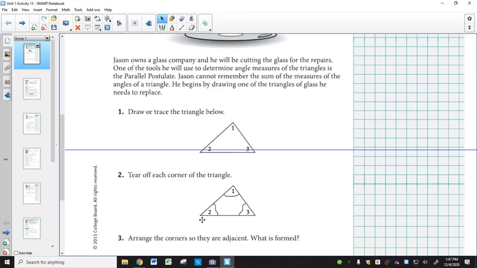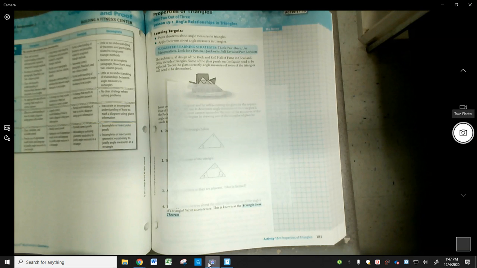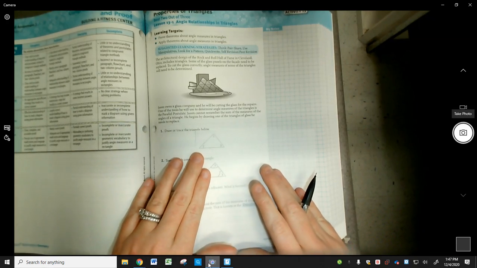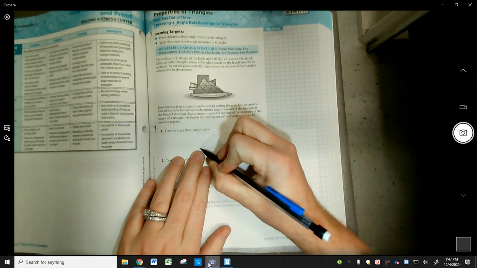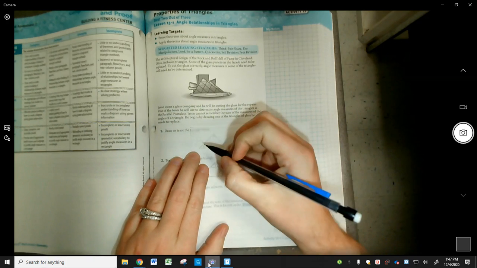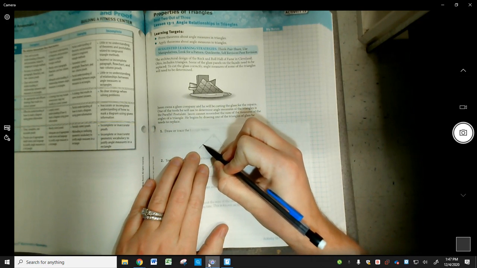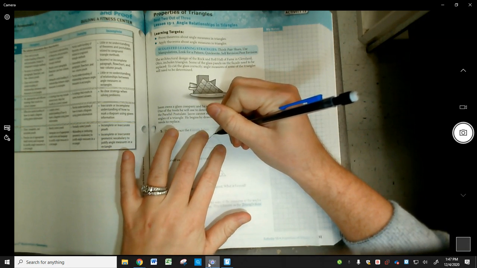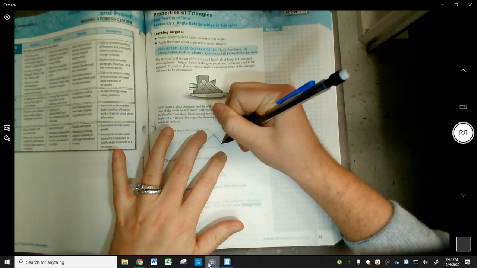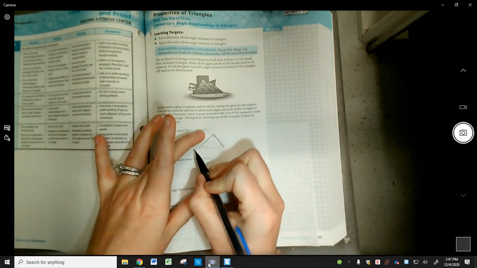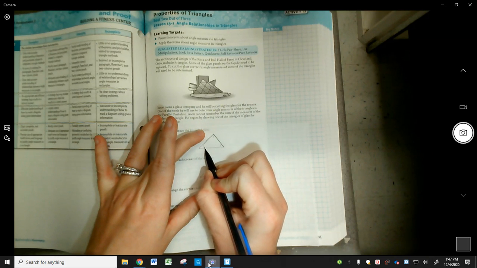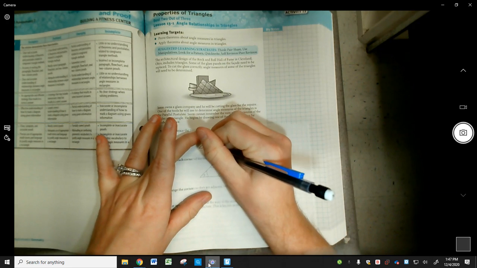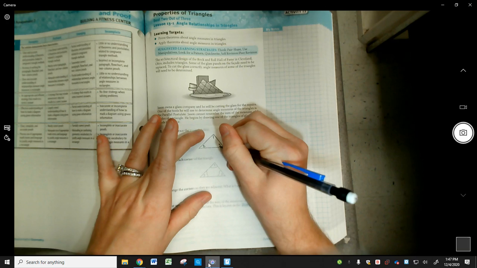So that's what we're going to start by doing. I'm going to take my patty paper, and then I'm going to trace this triangle. And you don't need to flip it over and trace the back.